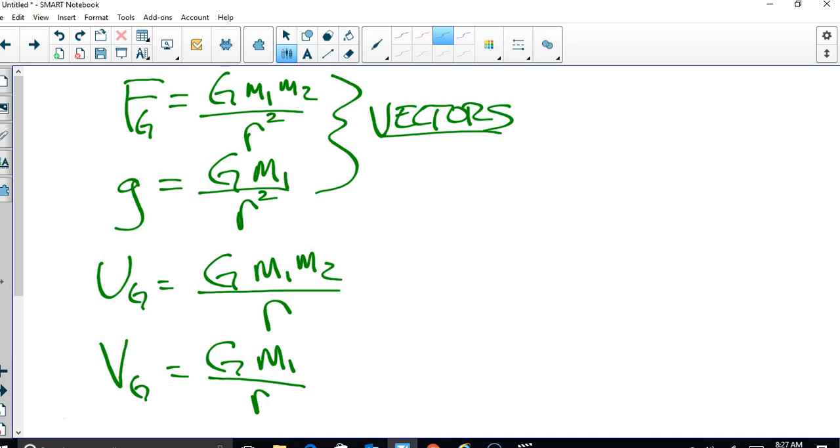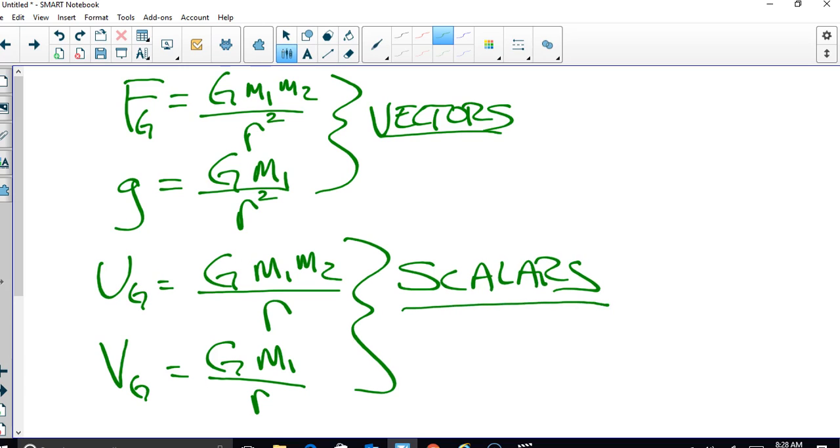There's angles and stuff involved. However, these two are scalars, and therefore, adding them is literally adding. The math for doing these is easy. But the concept is different.